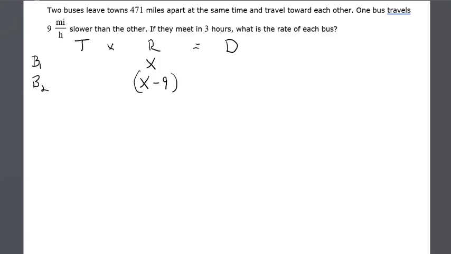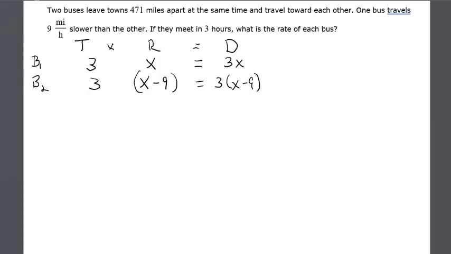Now, it says they meet in 3 hours, so they're both traveling for 3 hours. So the distance bus 1 travels is 3 times x, or 3x. Bus 2 travels for 3 hours at a rate of x minus 9, so the distance bus 2 travels is 3 times x minus 9.